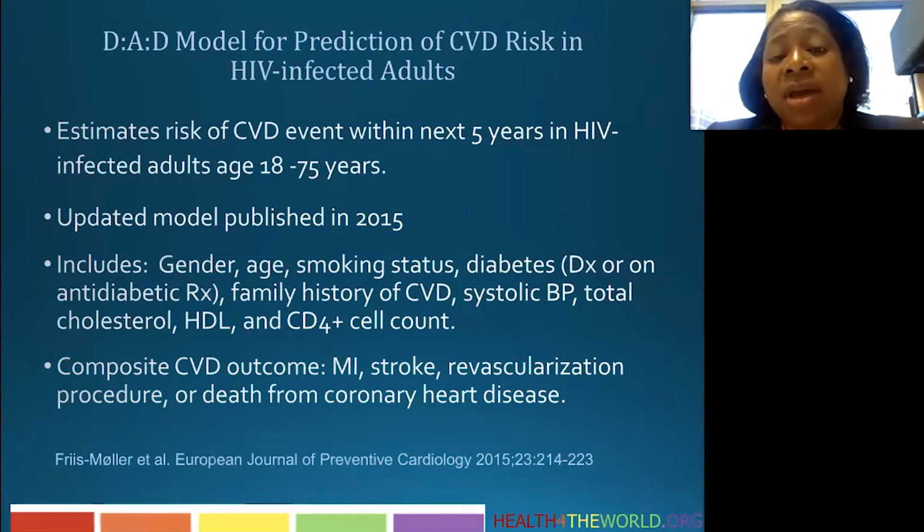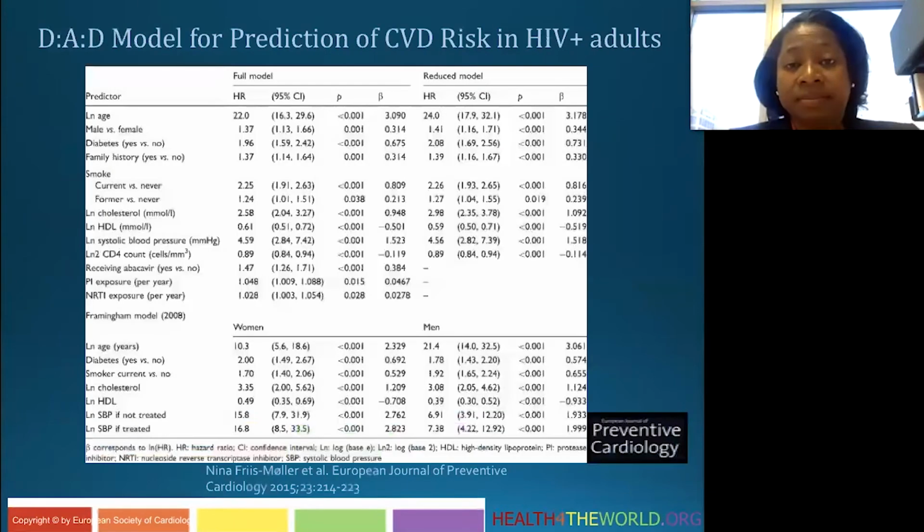It includes gender, age, smoking status, diabetes, family history, blood pressure, cholesterol, but it also includes CD4 cell count. The composite outcome is MI, stroke, having had a revascularization procedure like a stent placement, or death from coronary heart disease.